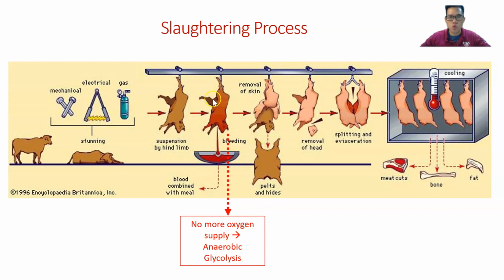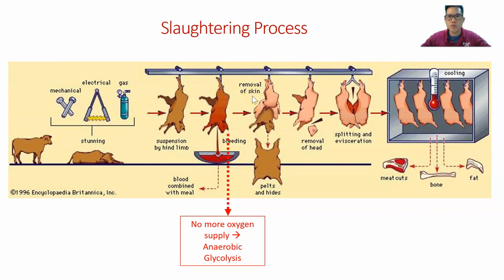Once bled out, there is no longer any oxygen in there, and this is the time when it starts to convert the muscle to meat. The process of conversion of muscle to meat starts at this moment once it has been bled out.